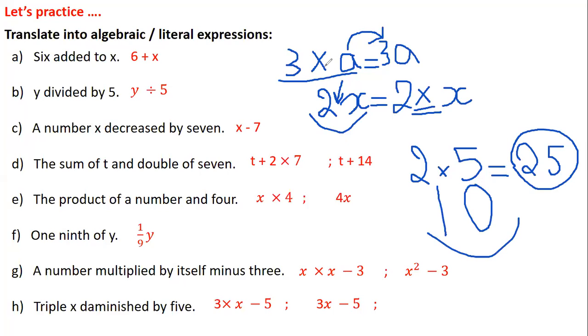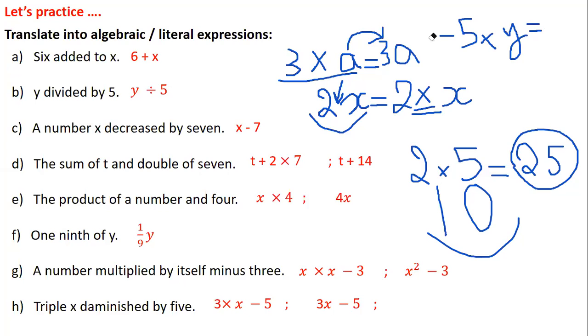But if a number is multiplied by a variable, we can write it: 3 times a is written 3a. For example, if I have minus 5 times y, who can tell me how can we write minus 5 times y? Minus 5y.